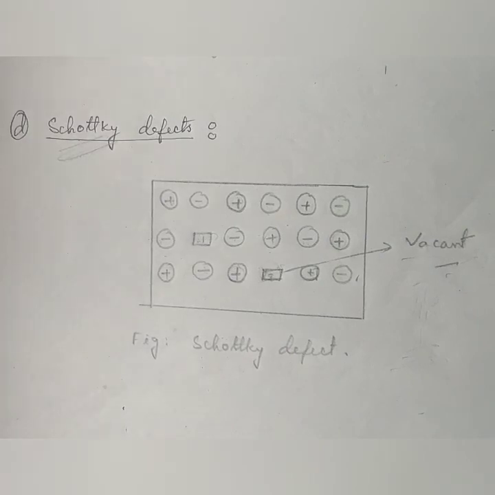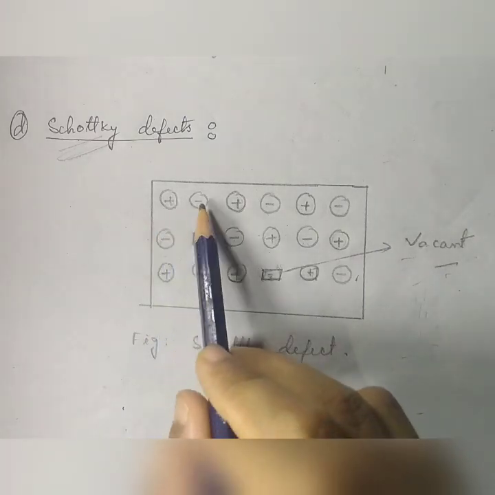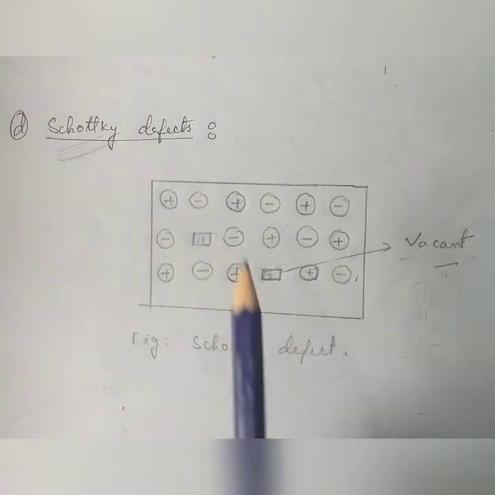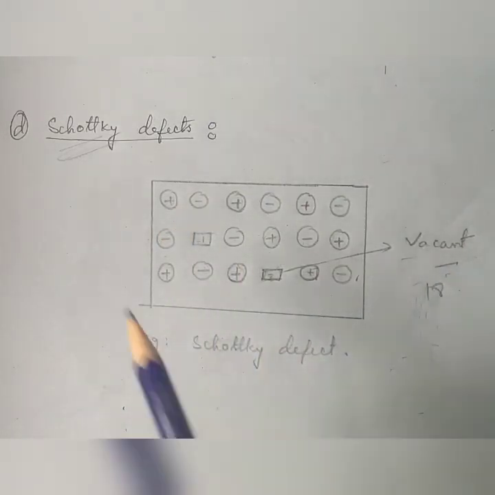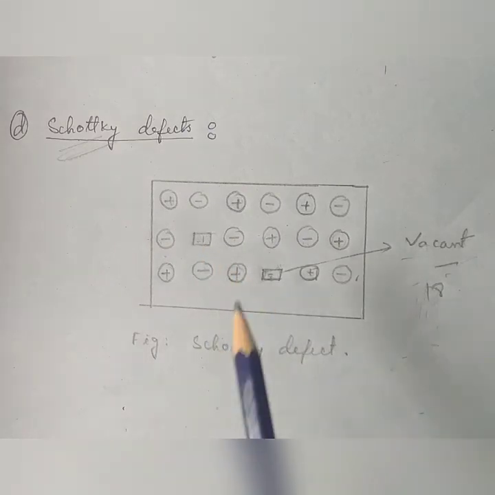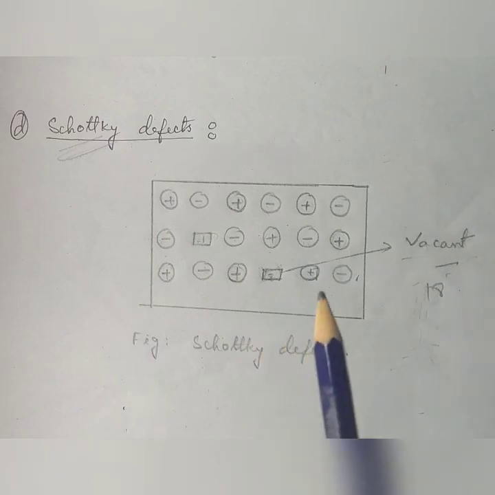So the Schottky defect is a part of vacancy defect. Because of the Schottky defect, the density of this solid will decrease, because at first the total number of cations and anions is 18. Due to the Schottky defect, two of the atoms, that means one cation and one anion, are missing from this arrangement.